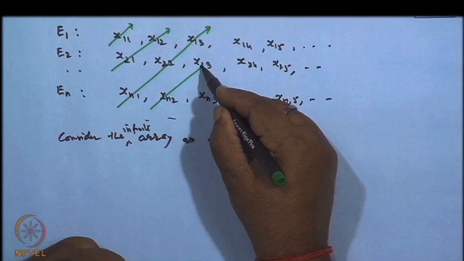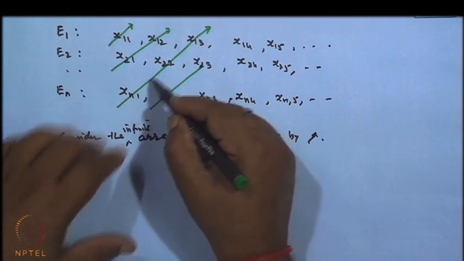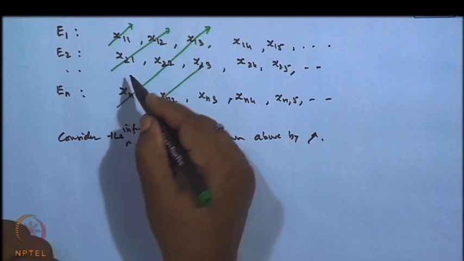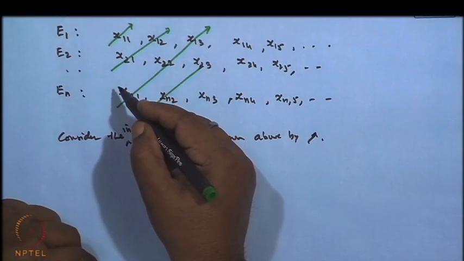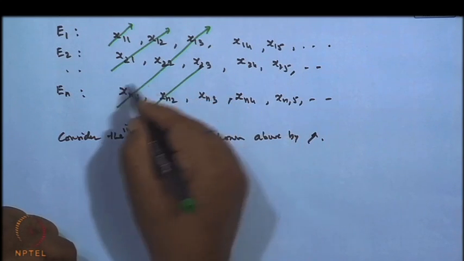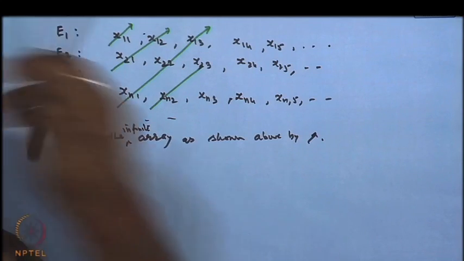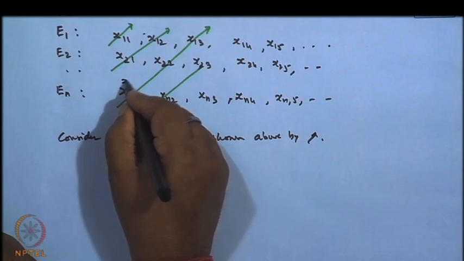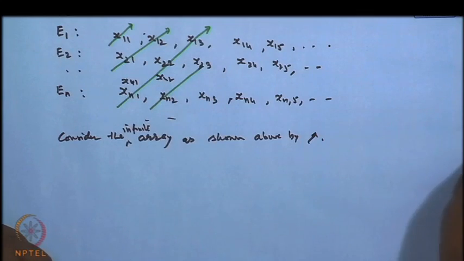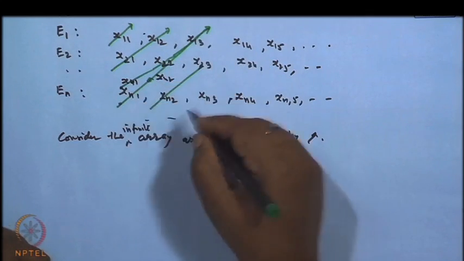Oh, sorry, it is like this. x 3 1, x 3 2. So this will be x 4 1, x 4 2. So this ray will go like this.